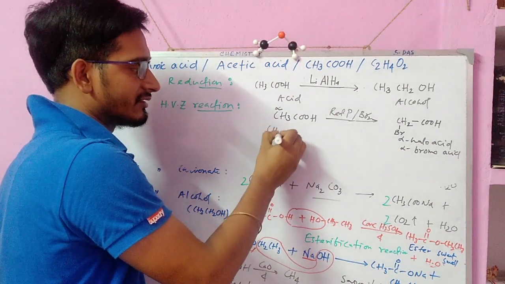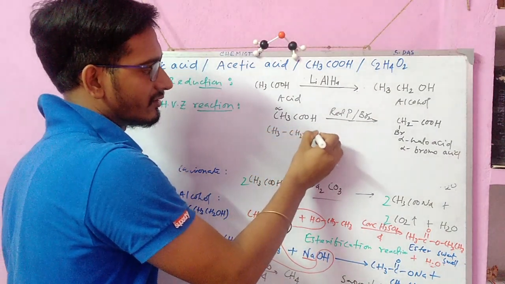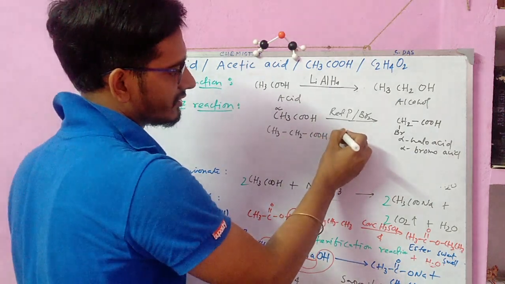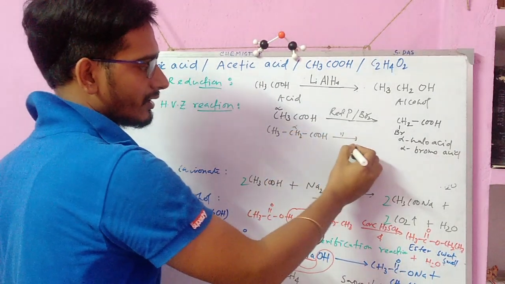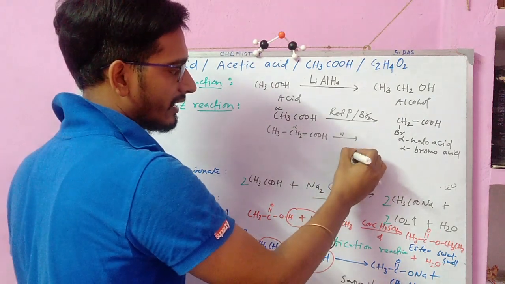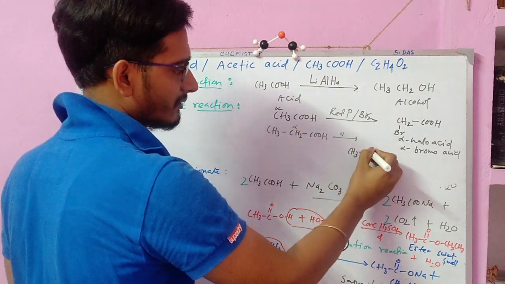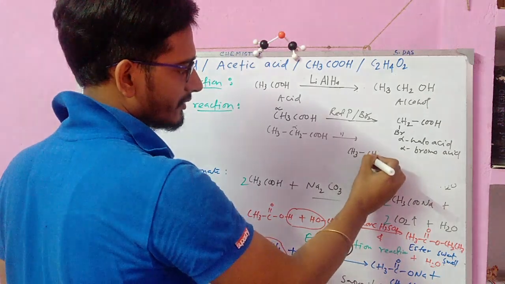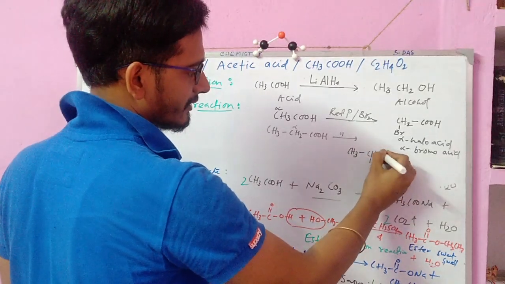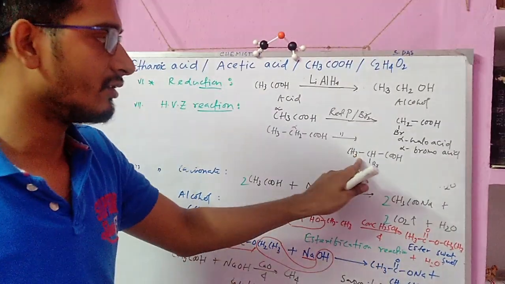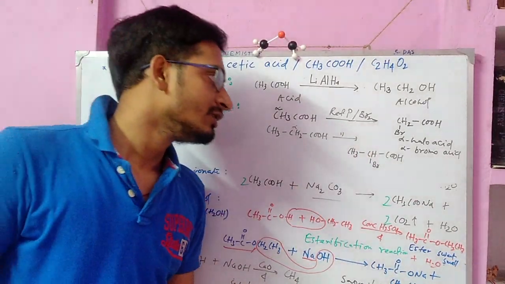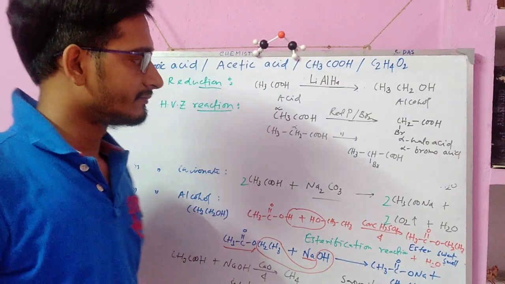If you take this example, CH3CH2COOH, under same condition, this is the alpha carbon, so one halogen atom will be added in the alpha carbon and one hydrogen atom will be eliminated. This is alpha bromo acid, also alpha bromo propanoic acid.